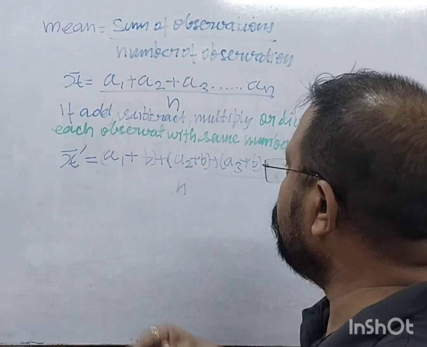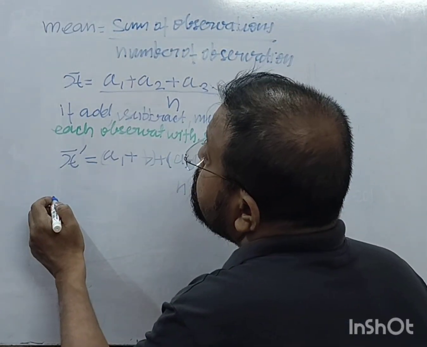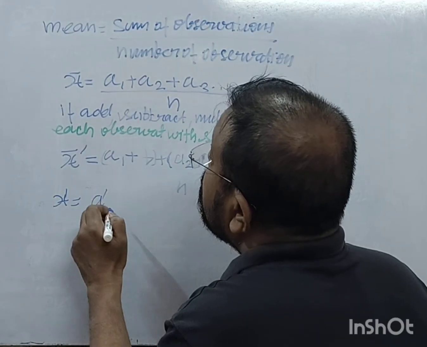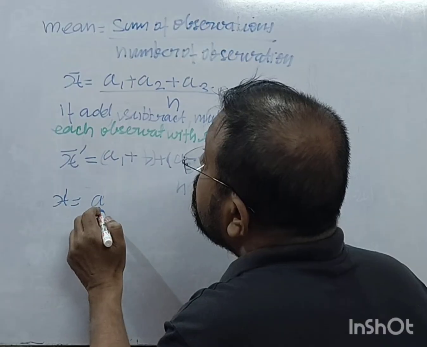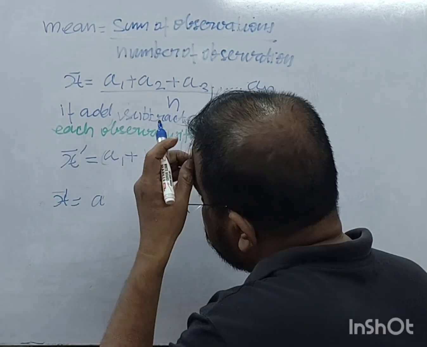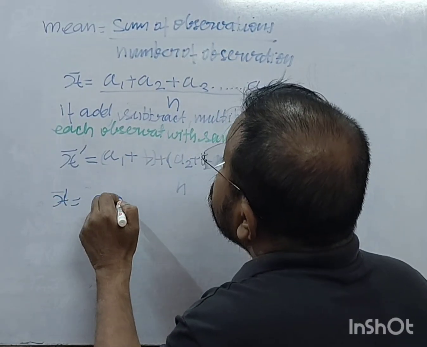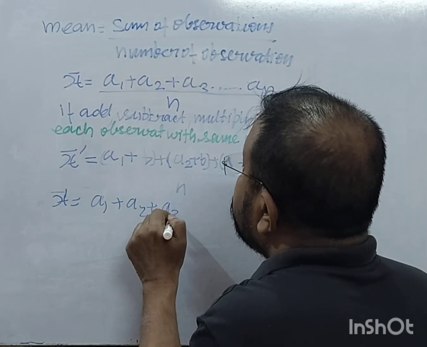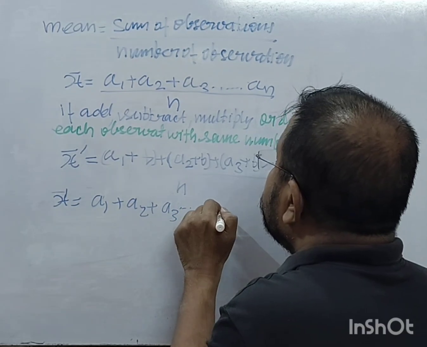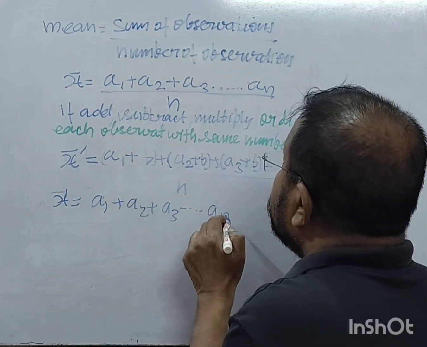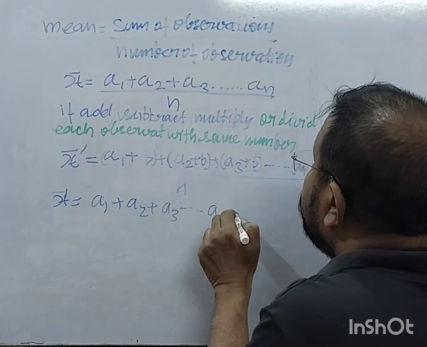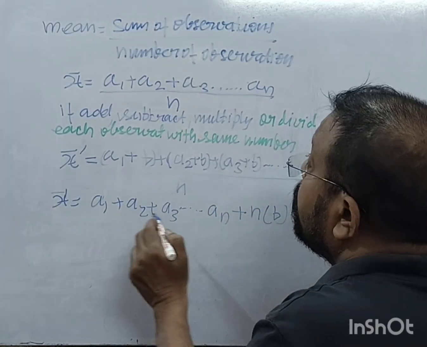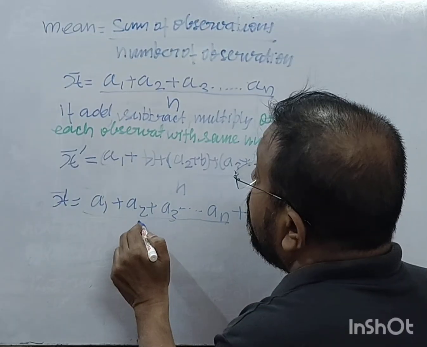If you take out from there, so what happens? x bar dash is equal to a1 plus a2 plus a3 up to an, right, plus n into b, upon n.